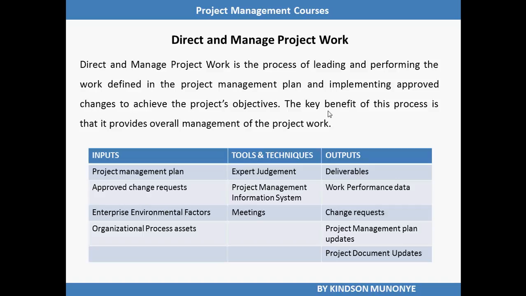Then we have 5 outputs. When you direct and manage the project work, of course, you are producing deliverables. So the outputs will be deliverables. And also, we have work performance data, change requests, project management plan updates, and project document updates. Let's take a closer look at these inputs, tools, and techniques in the next slide.